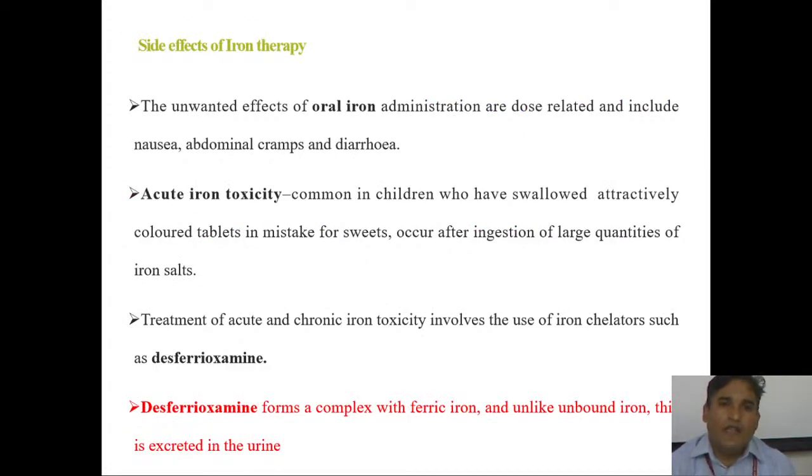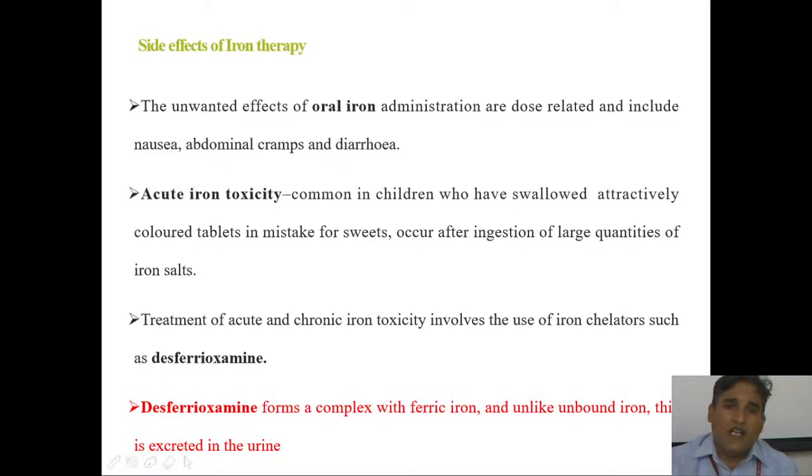The unwanted effects of oral iron administration are dose related and include nausea, abdominal cramps, and diarrhea. Acute iron toxicity is common in children who swallow attractively colored tablets, mistaking them for sweets.